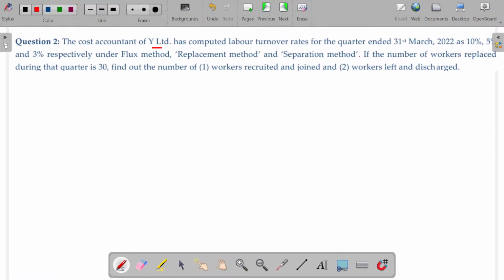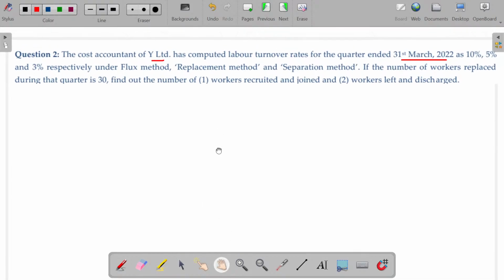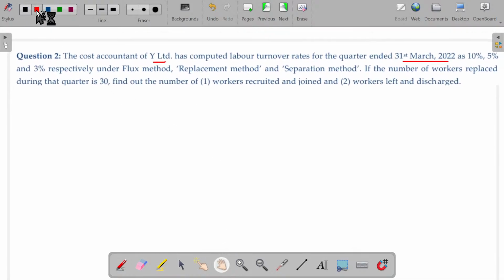The cost accountants of Y Limited has computed labor turnover rates for the quarter ended 31st March 2022 as 10%, 5%, and 3% respectively for flux method, replacement method, and separation method. In case of flux method, what is the formula?